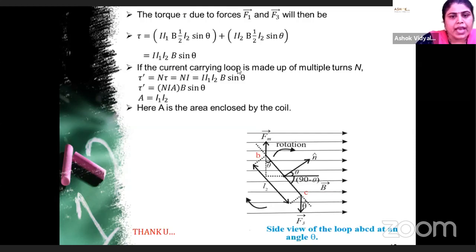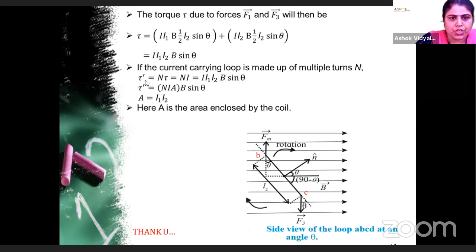Here we take only one turn of the rectangular wire, but if the current carrying loop is made up of multiple turns, that is n turns, we only have to multiply this equation by n.